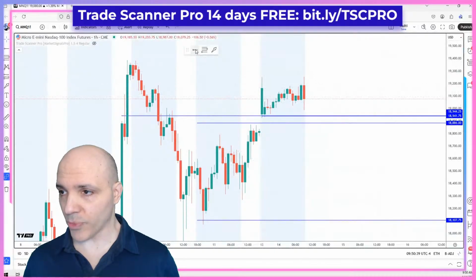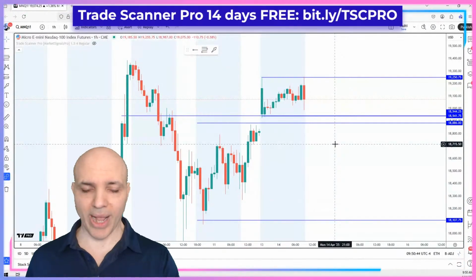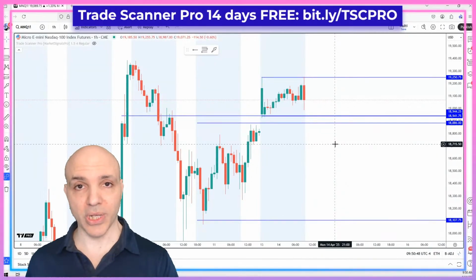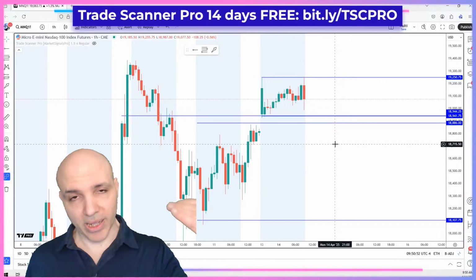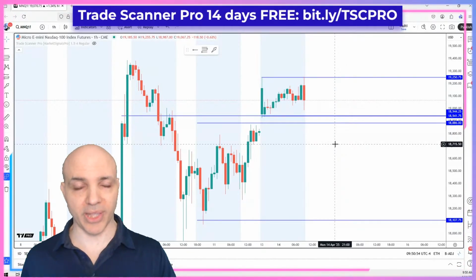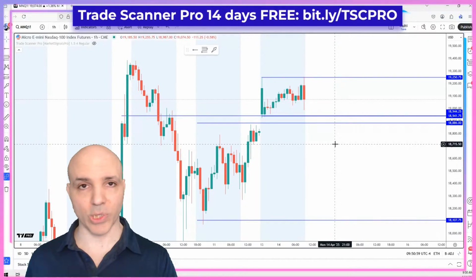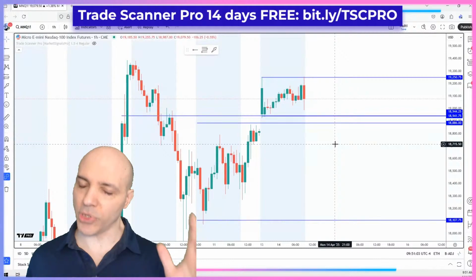And as far as resistance goes, we have this overnight high right here. That's it. Now, at the 10 o'clock close, we will have our opening range. And there's a lot of opening range breakout people out there that, once those levels are established, start working with that. There is some statistical relevance to opening range breakouts, but if you use them in a conventional way, you're just going to have problems.